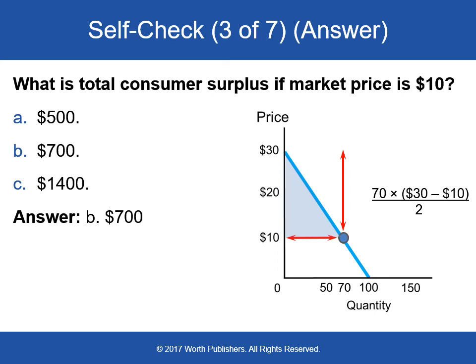The relevant height is from 30 to 10. Because remember, we're measuring net surplus, the gain over and above what you would be willing to pay, and you'd be willing to pay 10. So you start calculating the height from the $10 and move up to 30, and that's a distance of 20. So that's it.